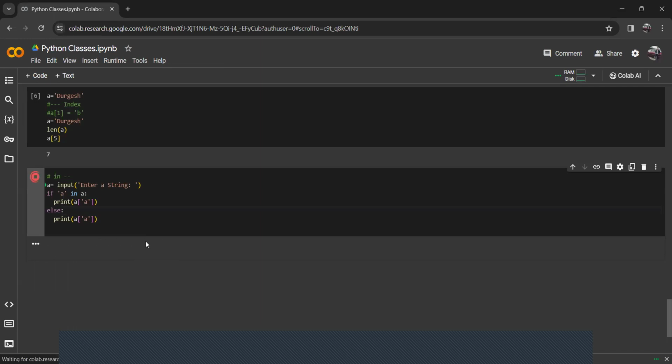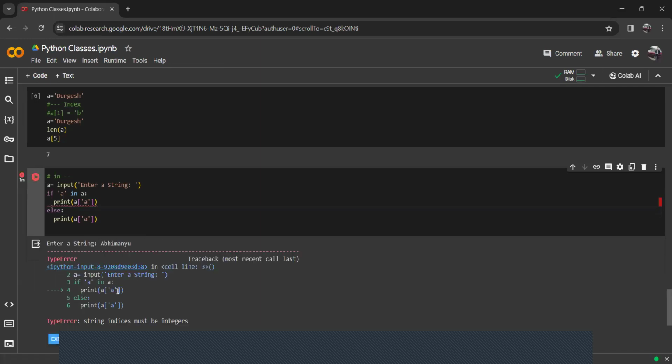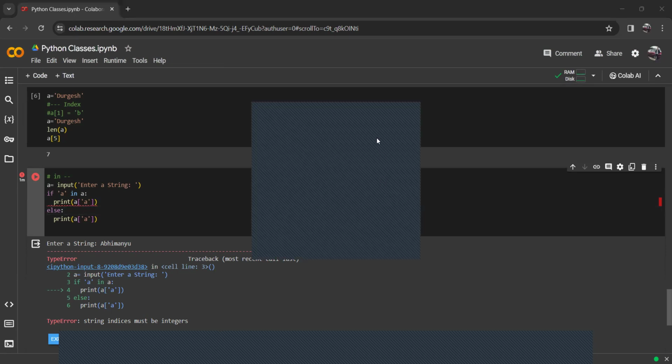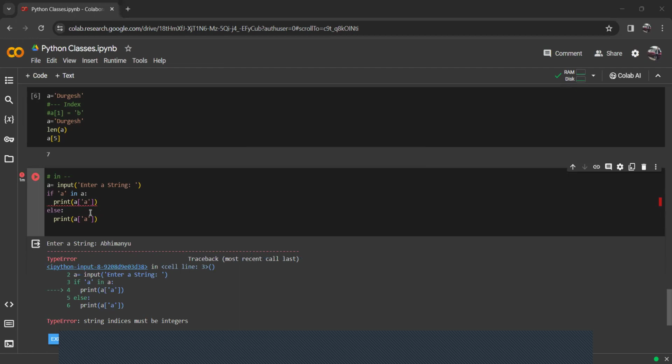Now let's run it. See, I'm getting an error. So you can find the letter or element with this way, but you cannot find the index with this method.